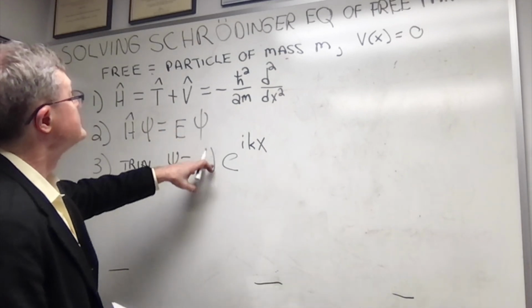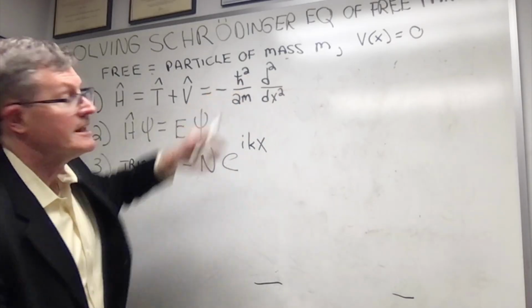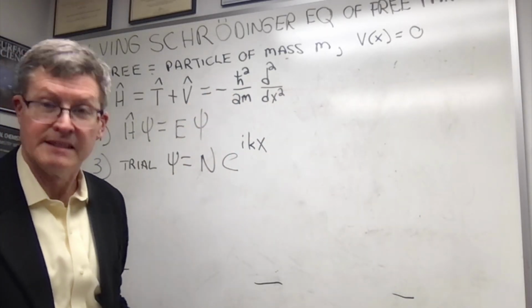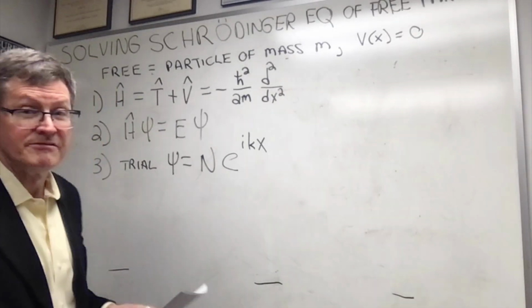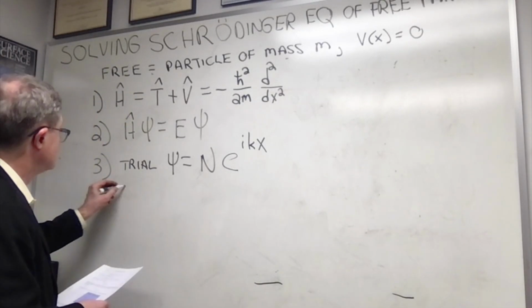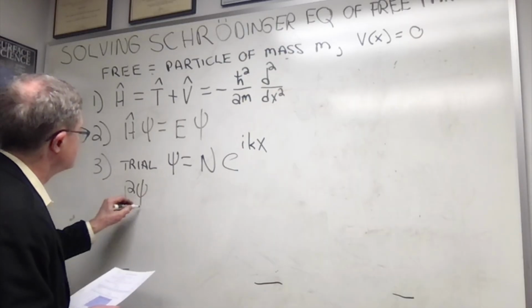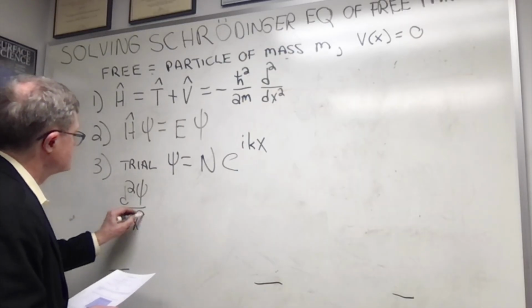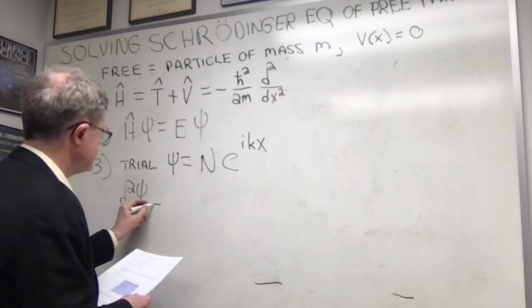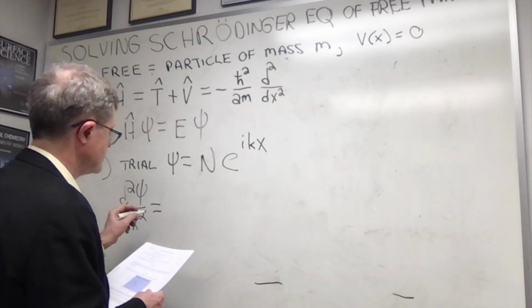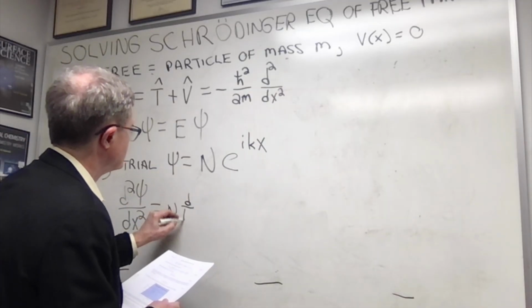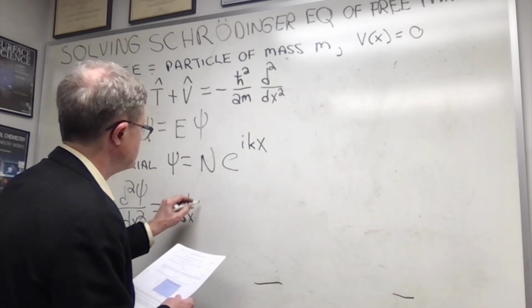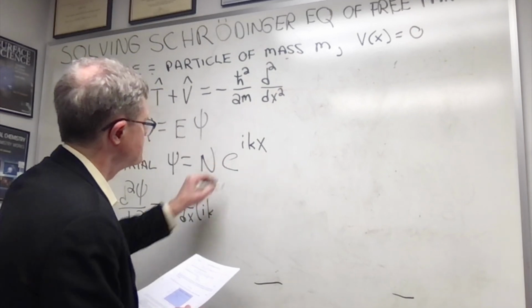Then we need to actually solve the Schrödinger equation. We do that by substituting this wave function in and operating on it with the kinetic energy operator. So we need to find the second derivative of the wave function. The first derivative is just ik times e to the ikx, remember, just bring that down.